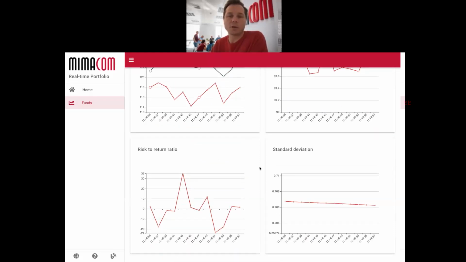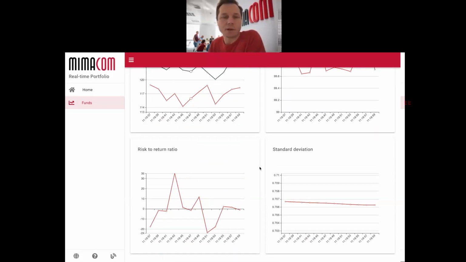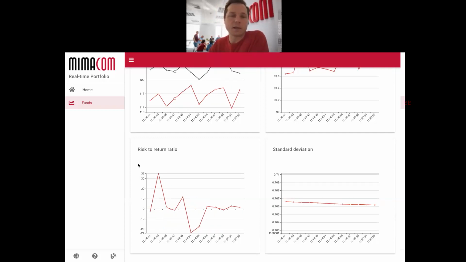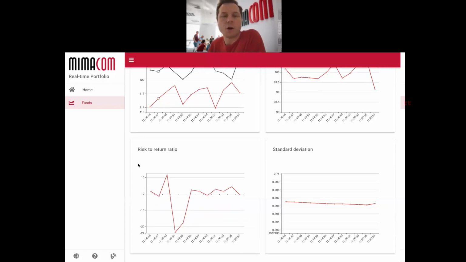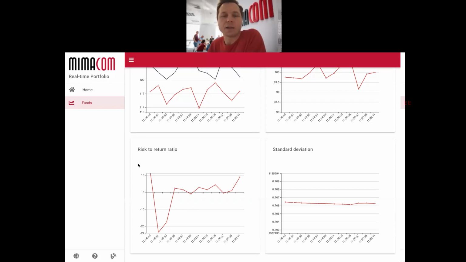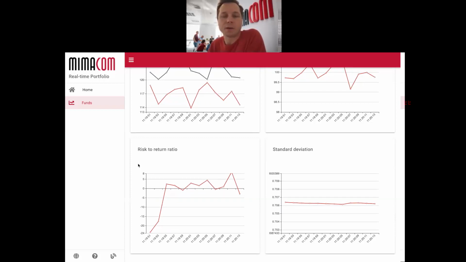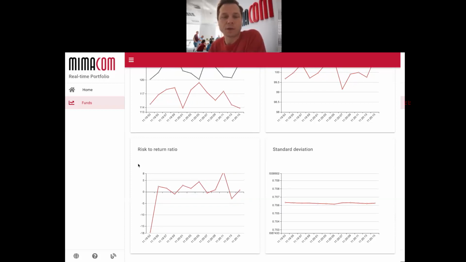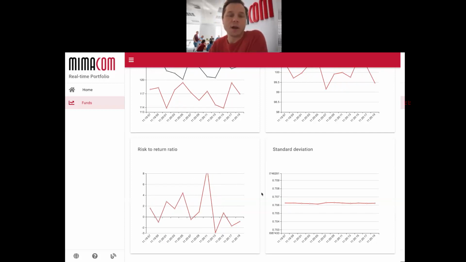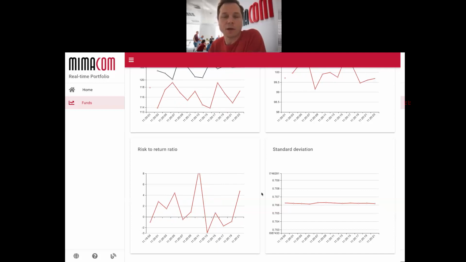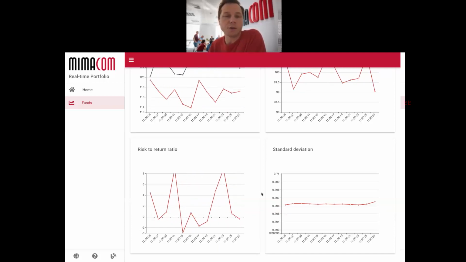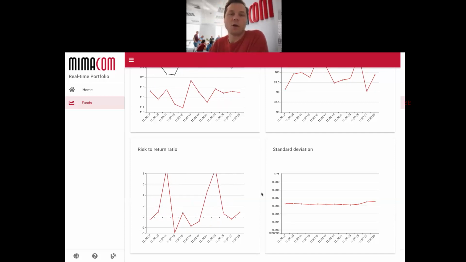At the bottom, you see some metrics related to risk. Risk I mentioned already. This is the risk to return ratio. This is the coefficient which lets you decide whether this particular investment fund is risky or not. This is a unitless metric, so you would like to have it as low as possible, meaning there is not much risk per unit of return over this fund.